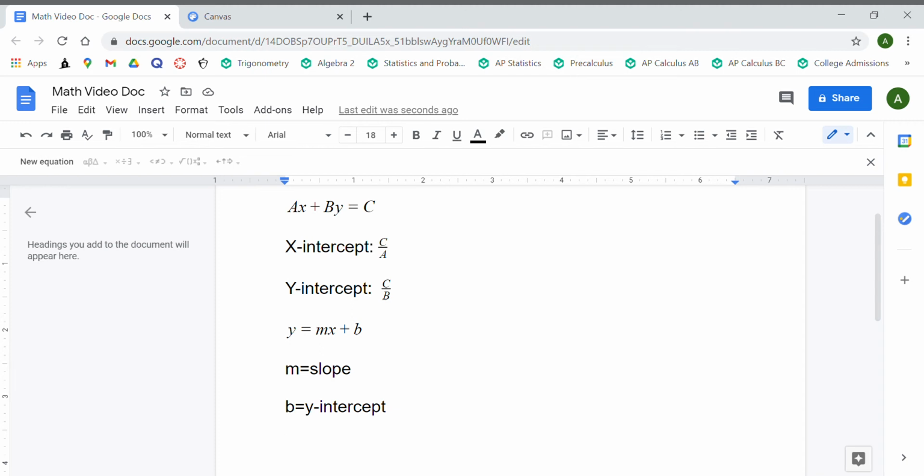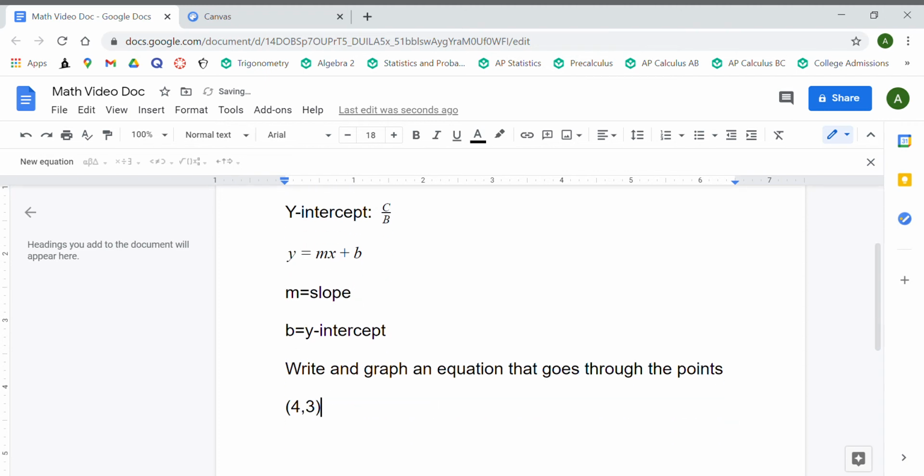So let's write and graph an equation that goes through the points 4, 3, and 5.